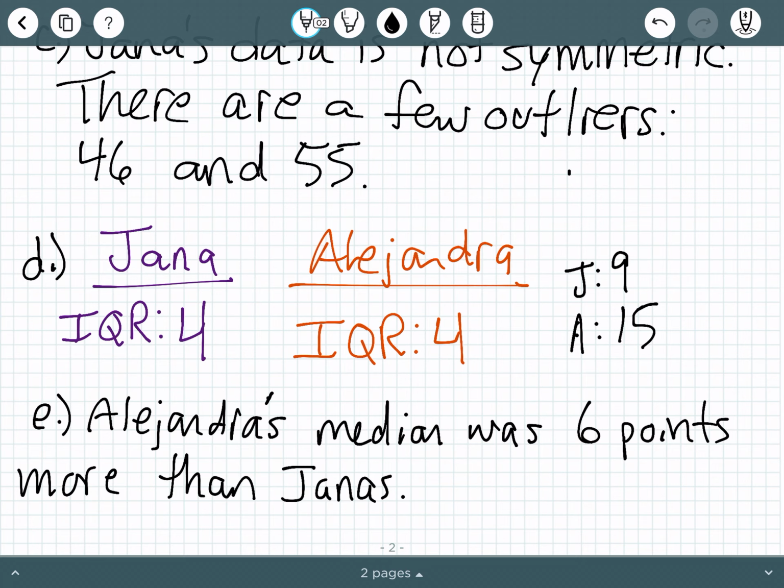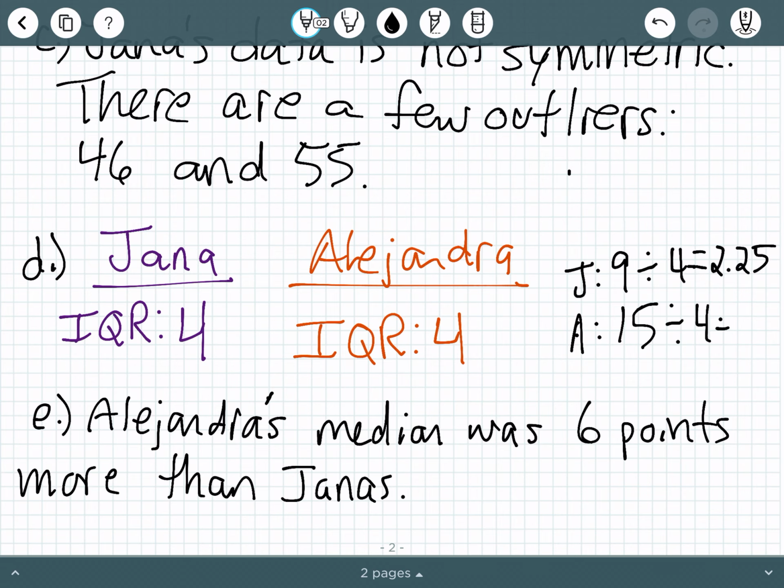Now Jana had a median of 9, and remember our interquartile range is 4 for each of the girls. So when we are looking at how many interquartile ranges would fit into their median, we take that median and divide by the interquartile range, which is 4. So for Jana, 9 divided by 4 gives us 2.25.